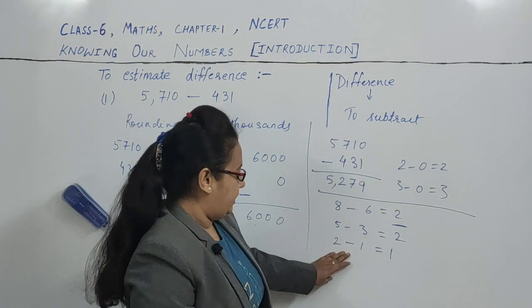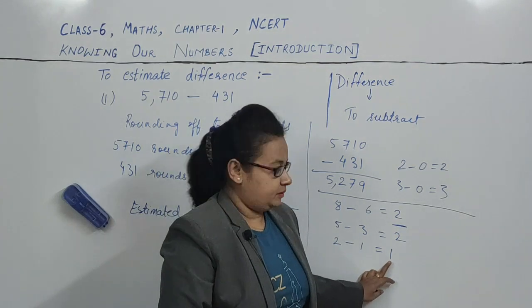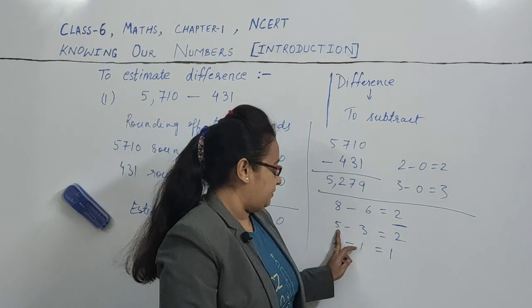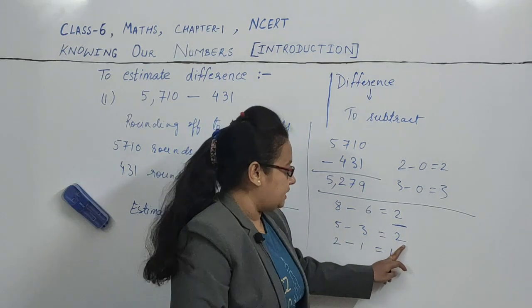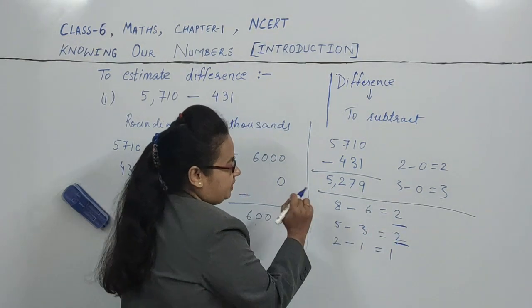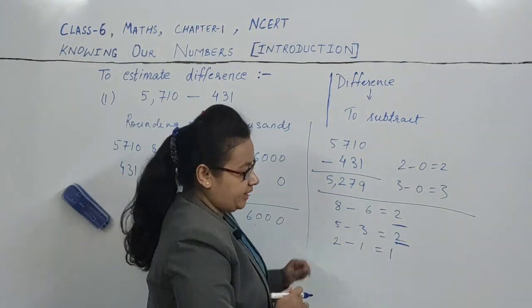So this difference, which is the answer, is always smaller than the bigger number, right?